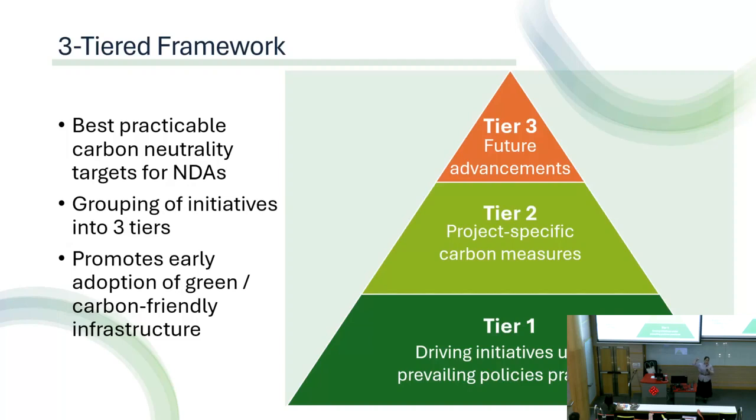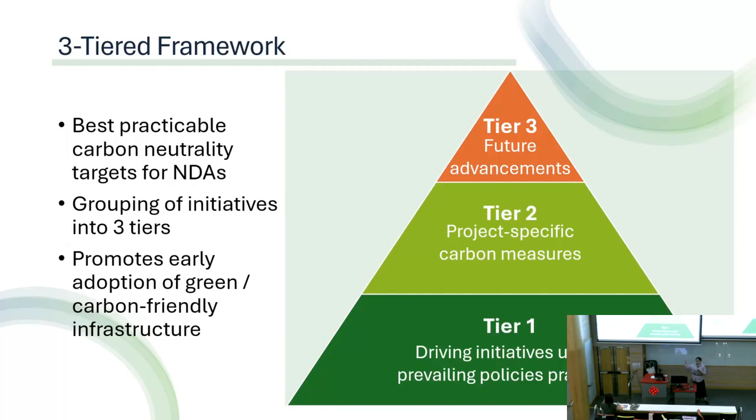What this means is the status quo: what the policy states right now, we must do. That's tier 1. Tier 2 strategies are more project specific. In a particular area that is ecologically sensitive, we might put in more nature-based solutions. In an area that is more residential, we look at how to reduce carbon from energy use for cooling.